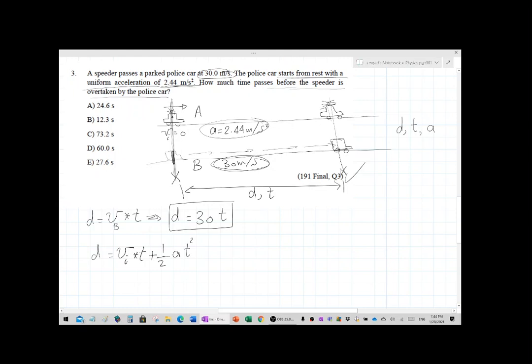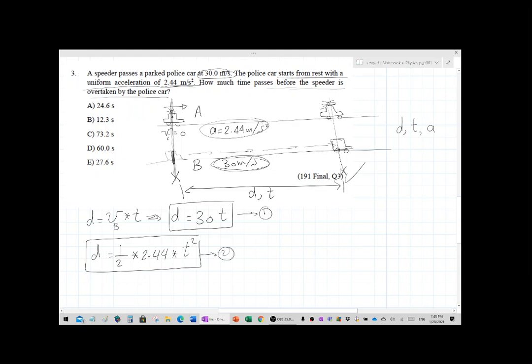V initial, it starts from 0 speed. It was at rest. So this is also 0. So the distance equals half A T square. So I can substitute it, half times A, which is 2.44, times T square. So this is the second equation. Let me call it equation 1 and equation 2.